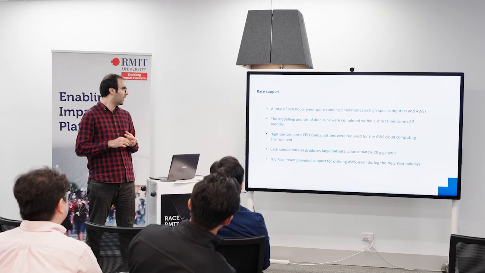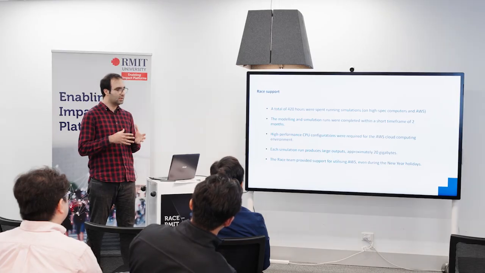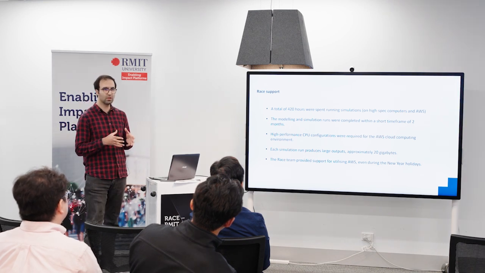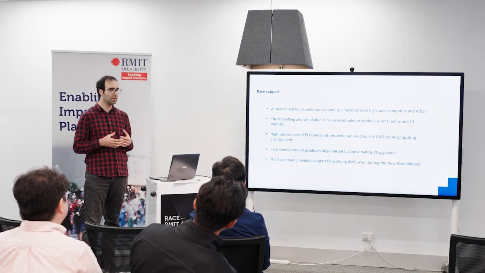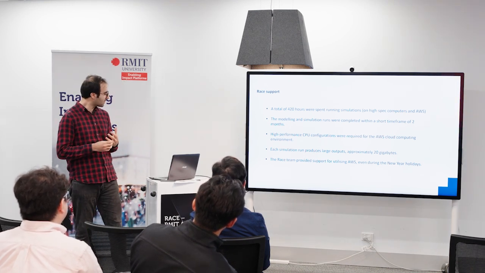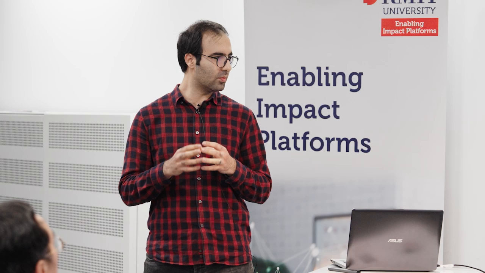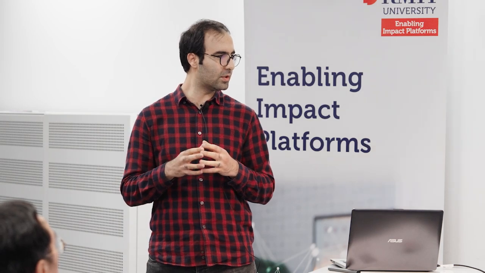So around 400 hours were spent on high-spec computers and AWS, and we needed to do it in a short time frame because of my PhD milestones, and also high-spec CPUs were required for the microclimate modeling and simulation.